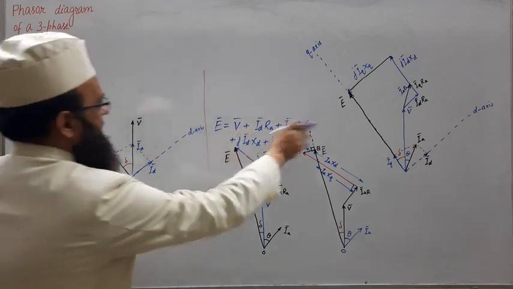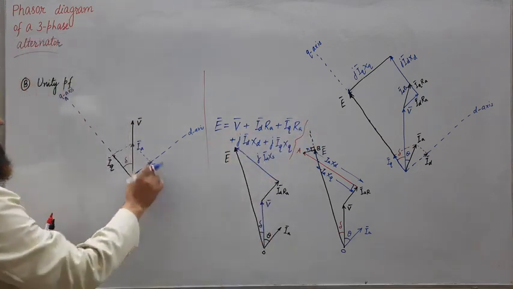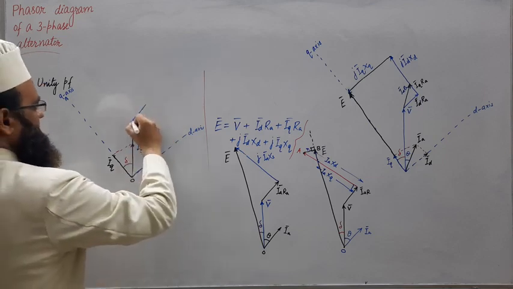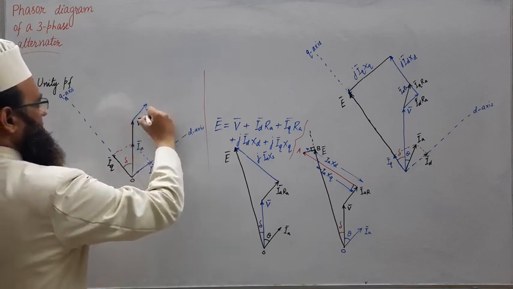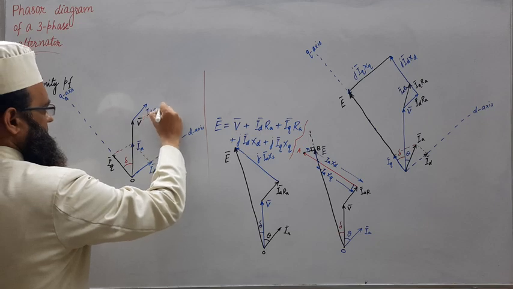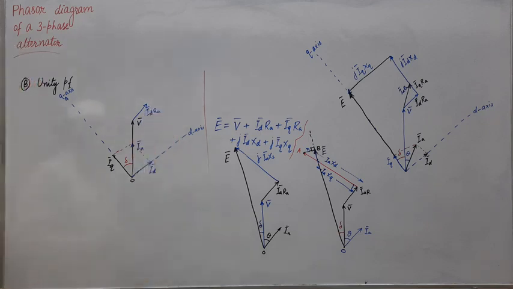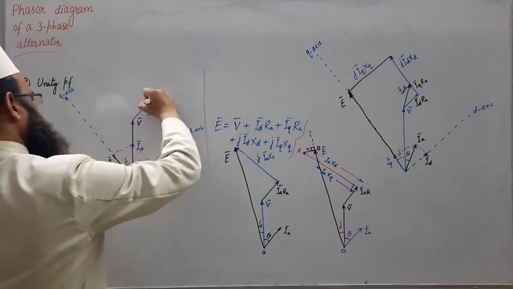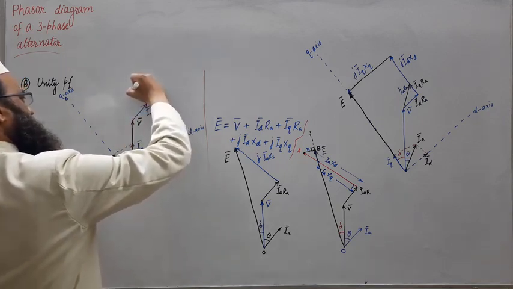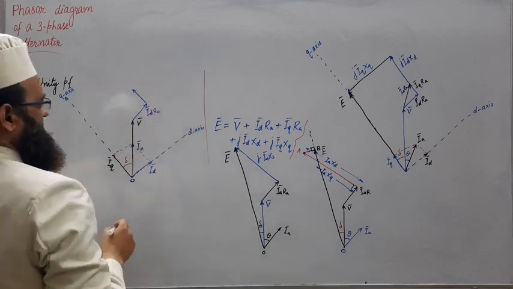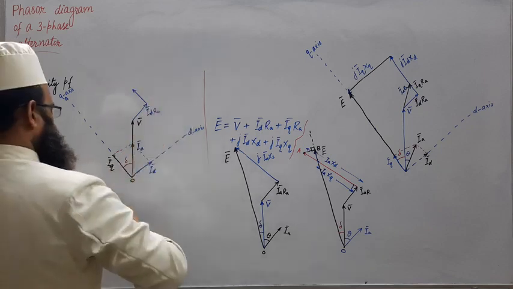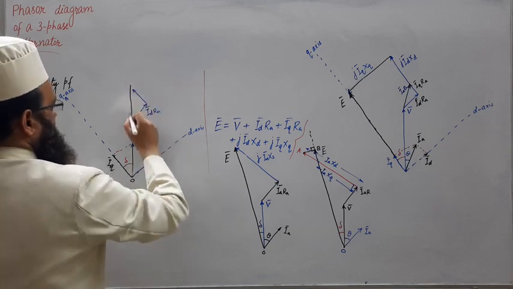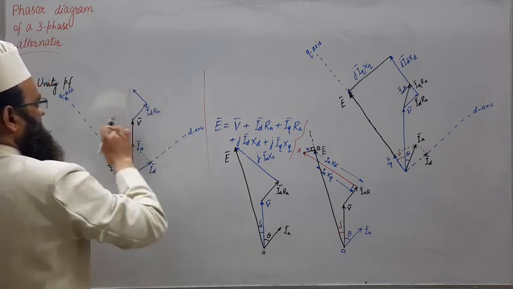Now IDRA will be along ID. So from here parallel to this IDRA. Fine. Then IQRA along IQ. So from this we will have IQRA. So obviously this will be IARA along IA. Let us take vertical line.